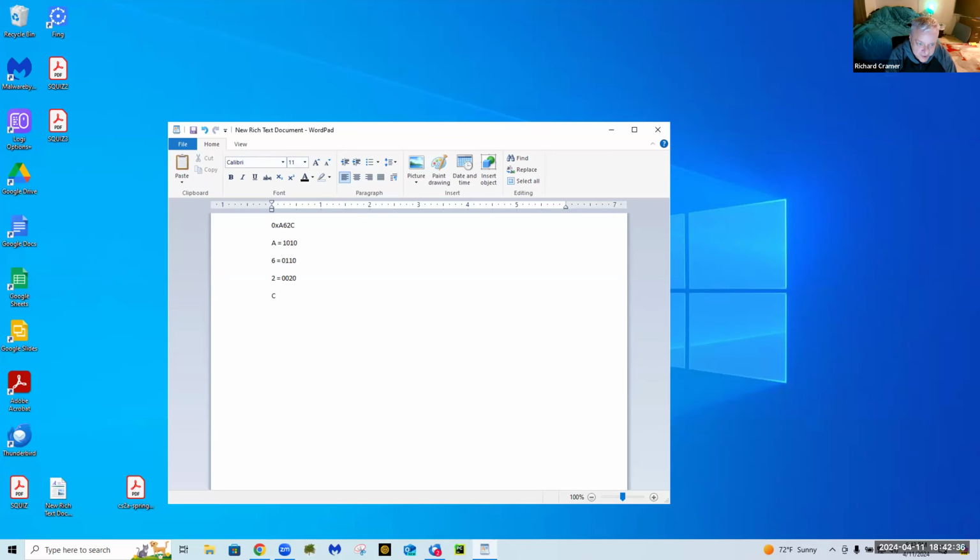Looks like C equals 12, counting C: 8, 9, 10, 11, 12, which is 1100.